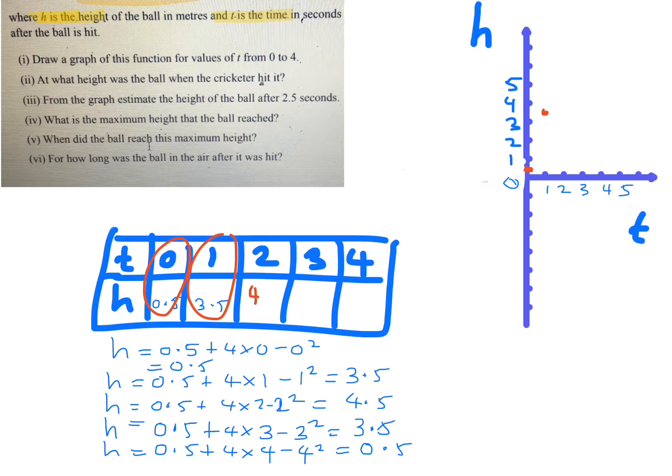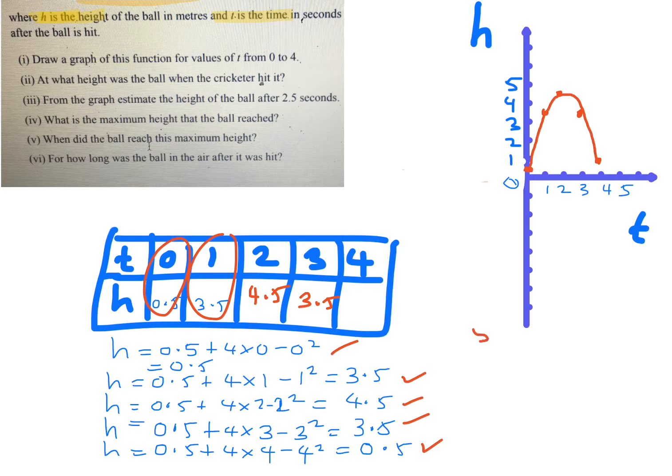Then we go 2 up to 4.5. We go 3, went to 3.5. And so I've done that, that, and that. And then we come all the way down to 0.5. So it's very, very symmetrical. And you can see it is a parabola.